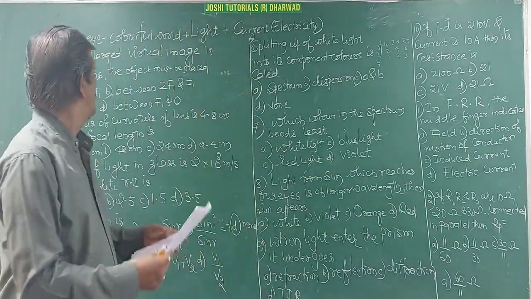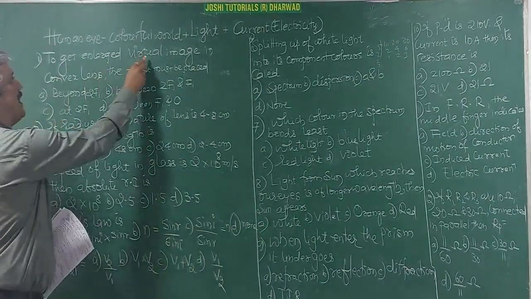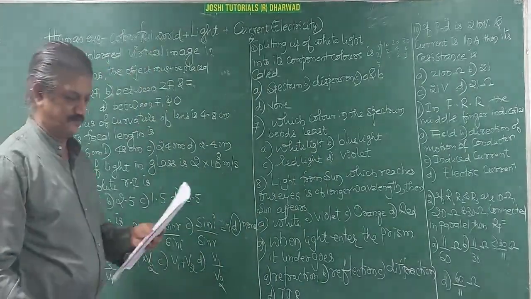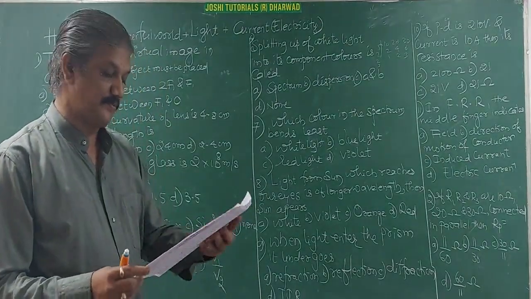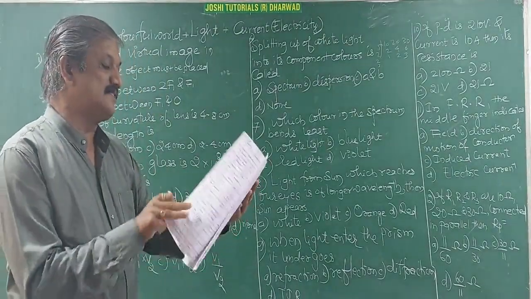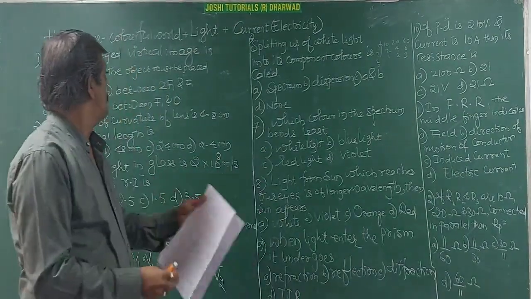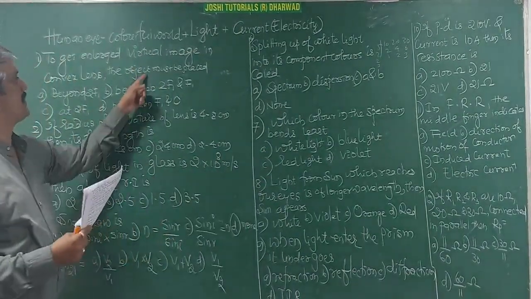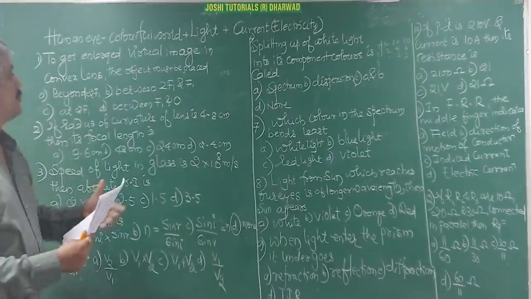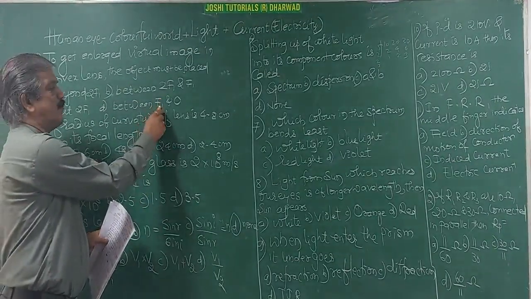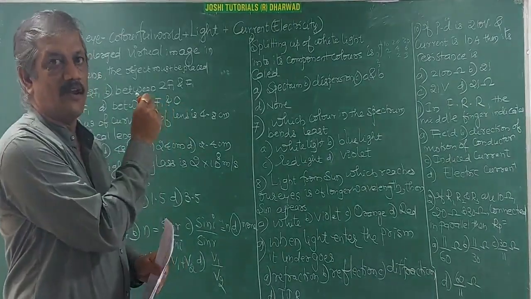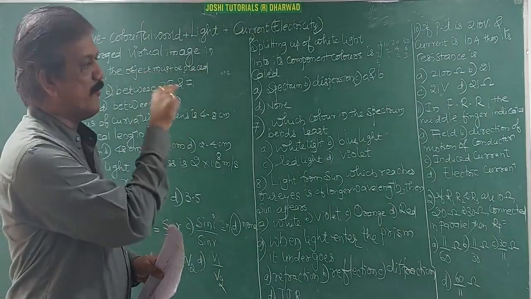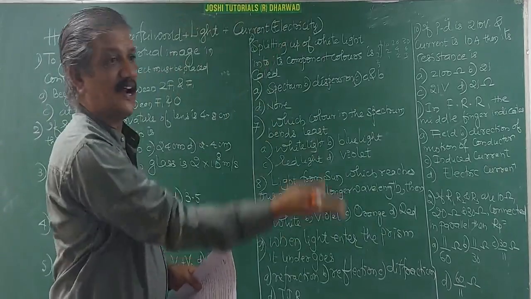You can see. To get an enlarged virtual image, where is the object placed? It should be placed between F1 and O, on the left side. So between F1 and O, you will get a virtual image on the right side.